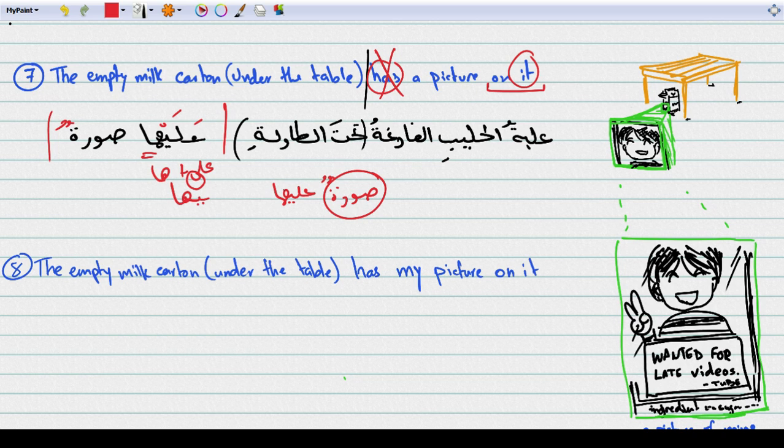Okay, so in Arabic, if a sentence starts with an undefined noun, we didn't say الصورة, we said صورة. Plus the second rule is the piece of information that you give is a prepositional phrase, which is على الطاولة, for example, or على العلبة in this case.